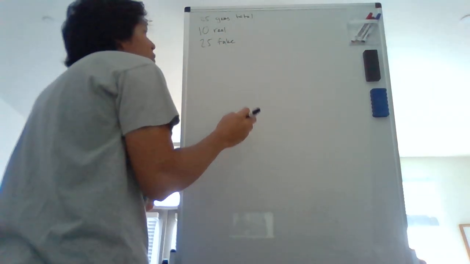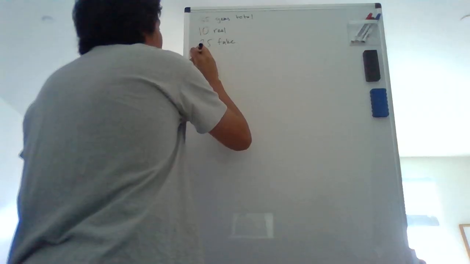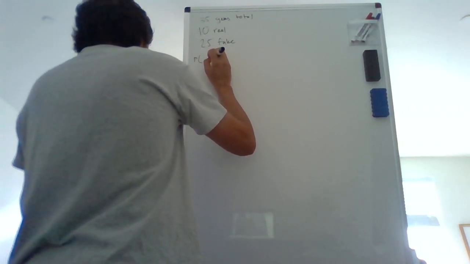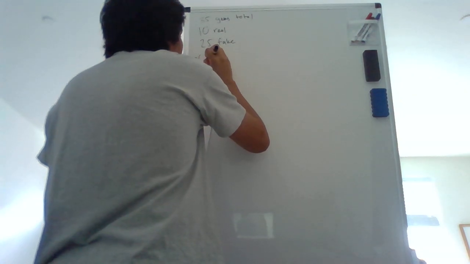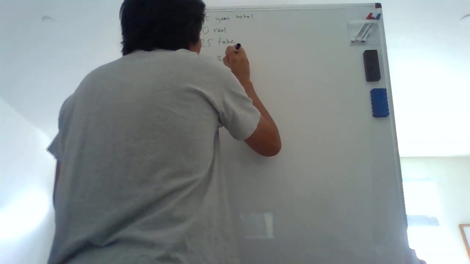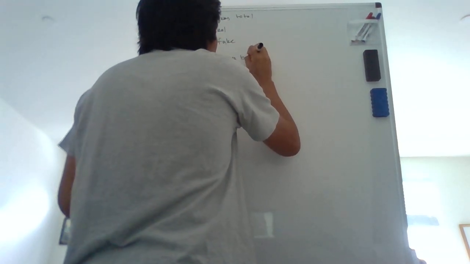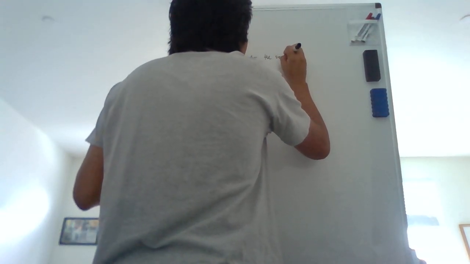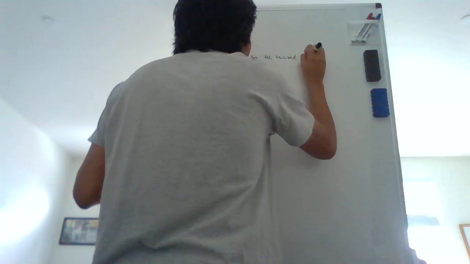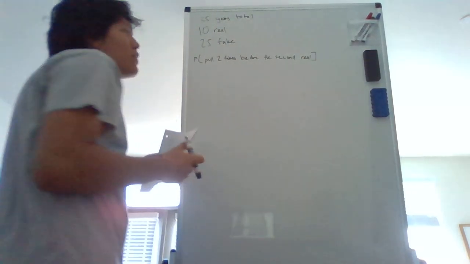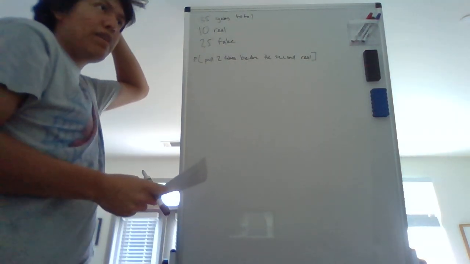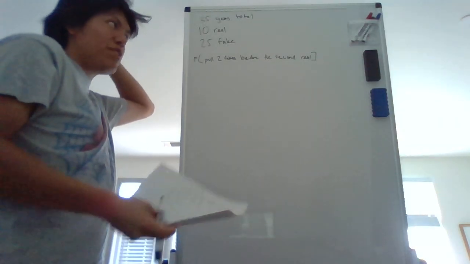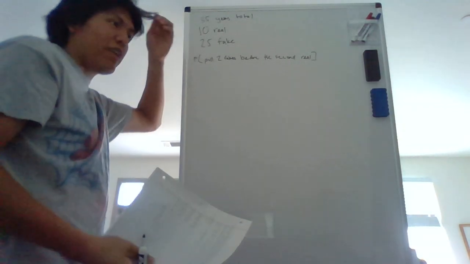Okay, so the probability that we pull out 2 fakes before the second real one. Alright, so this isn't a conditional probability or an intersect probability, it's just a probability that we have to find.